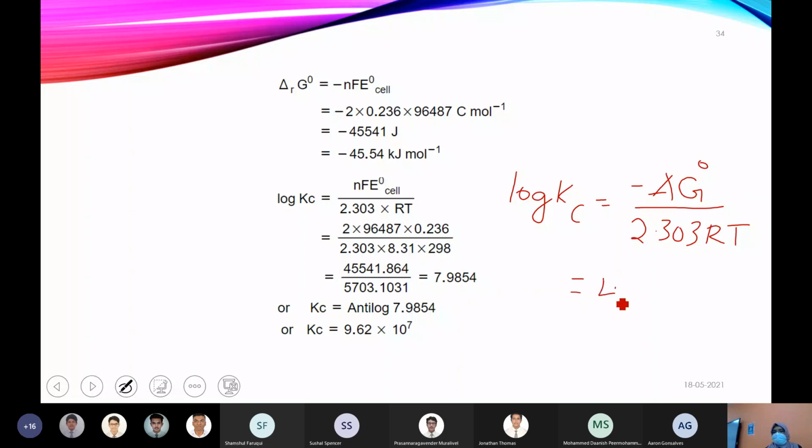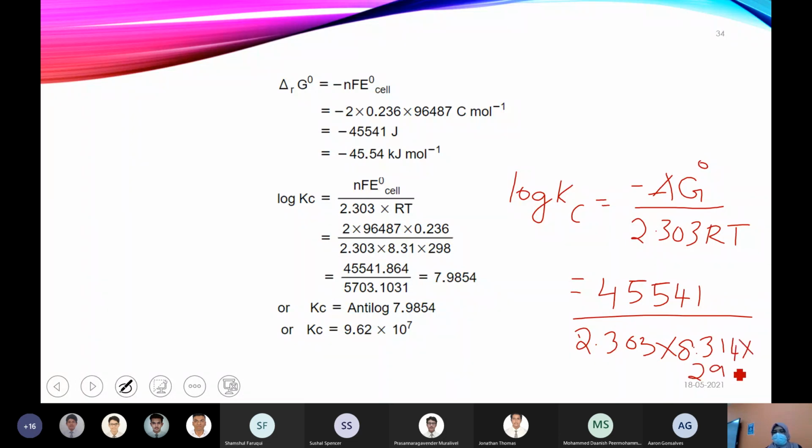So you will get 45,541 in the numerator and 2.303 into 8.314 and temperature in Kelvin, 298 Kelvin, in the denominator. That will be the value of log Kc, and to find the Kc you have to calculate the anti-log.